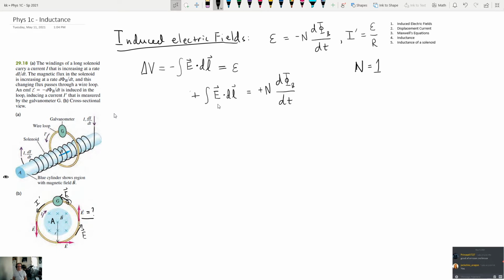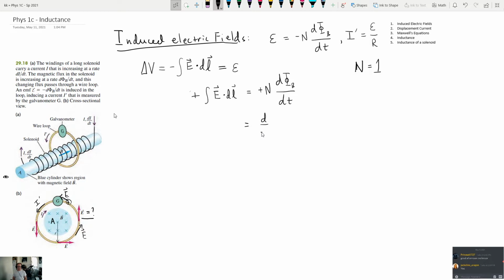So what we really need to do is isolate this term right here. In order to do that, this is now just a 1.